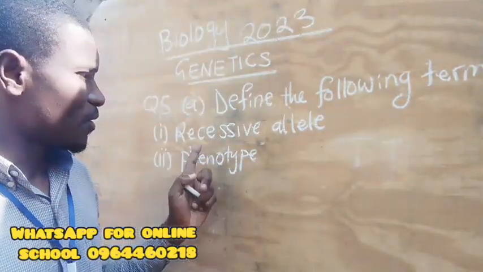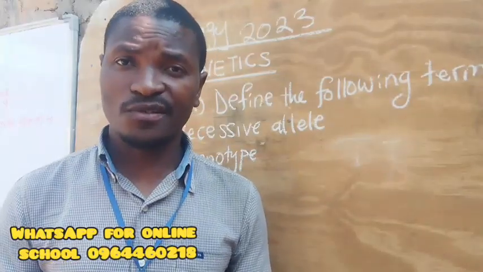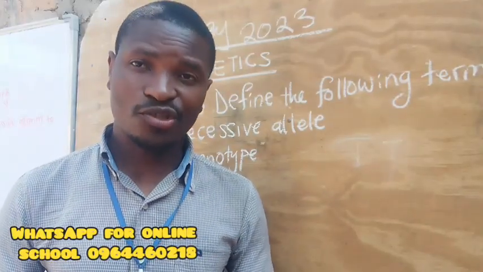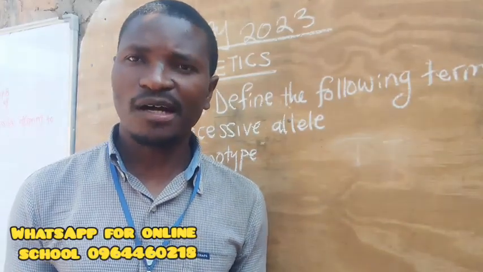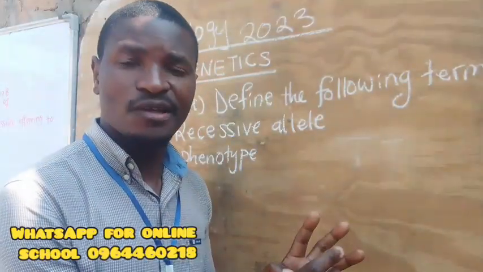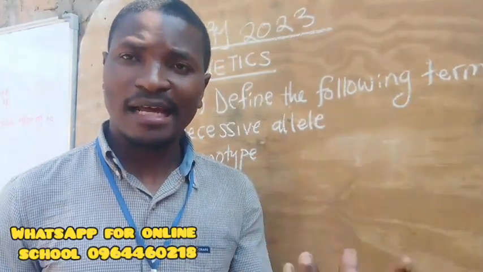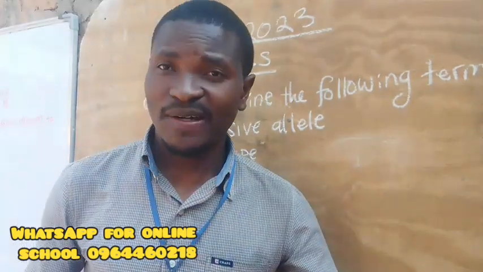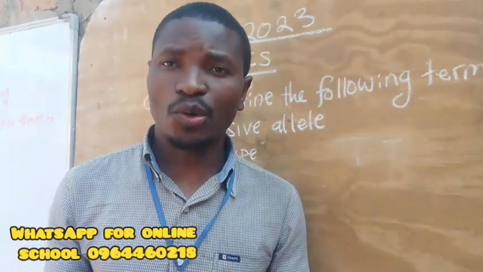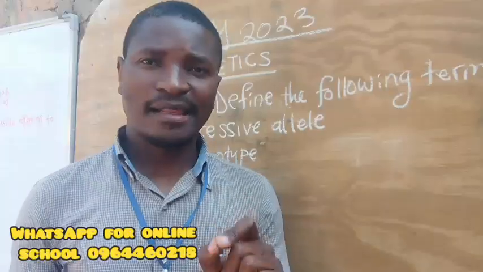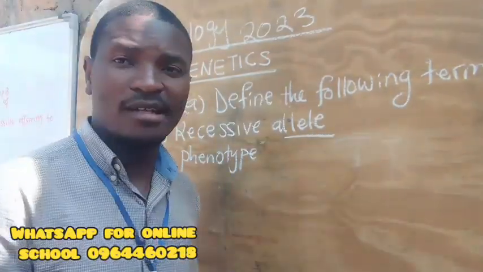So what is a recessive allele? First of all, a recessive is a kind of gene that is always suppressed in the physical appearance. And what is an allele?